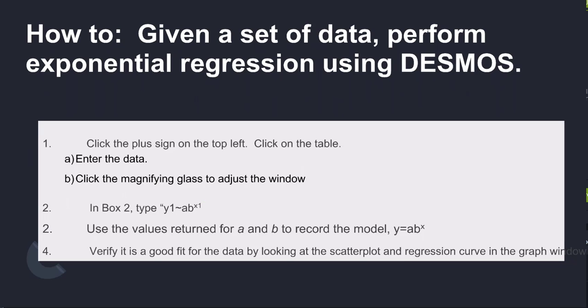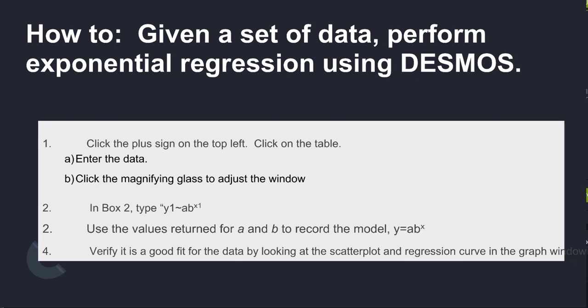Just note that it's y1 and x1 if your data in your table is y1 and x1, but if you have multiple tables going on in Desmos at the same time, those numbers will change. You might have x2 and y2 and x3 and y3 and so on. I'll show you that in a moment as well. And then use the values returned for a and b to record the model, just like we did with the other calculator.